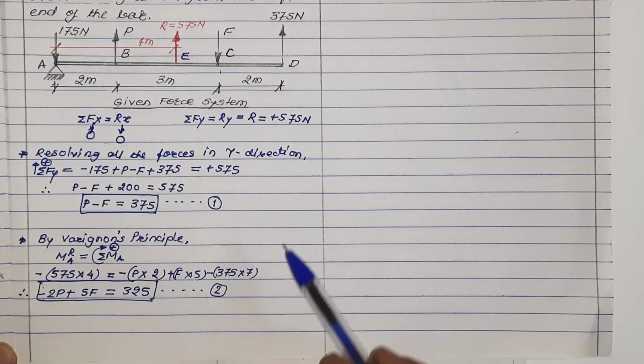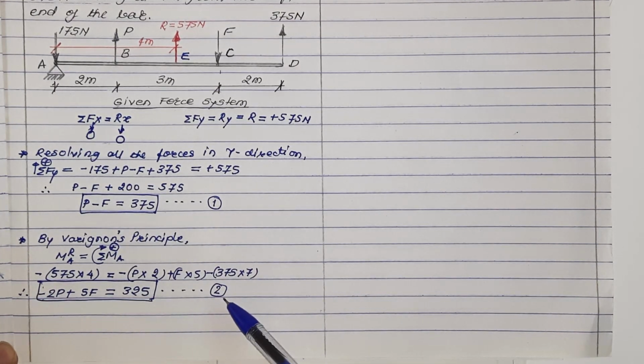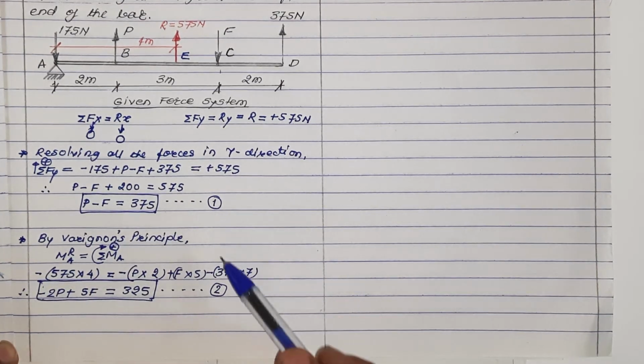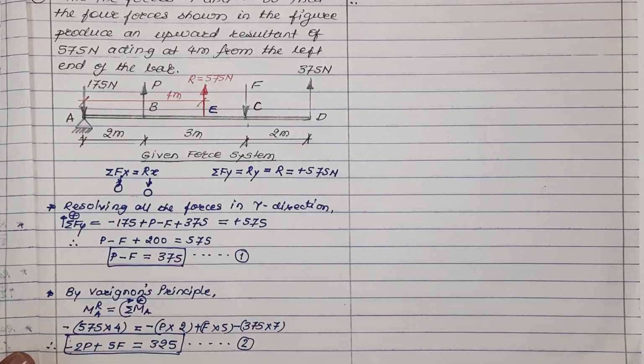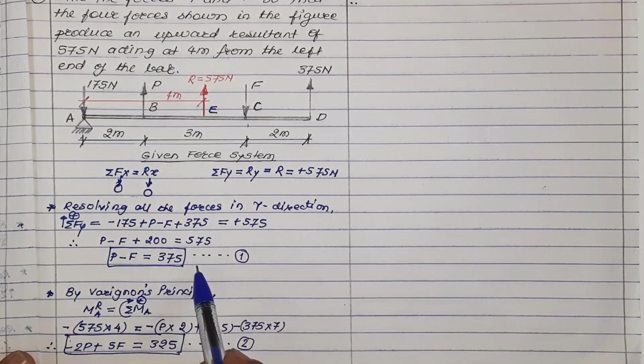Now solving equation 1 and equation 2 simultaneously, we will get magnitudes of the unknown forces. Let us solve this. Thus, in equation 1, we have P minus F equal to 375. And in equation 2, we have minus 2P plus 5F equal to 325.